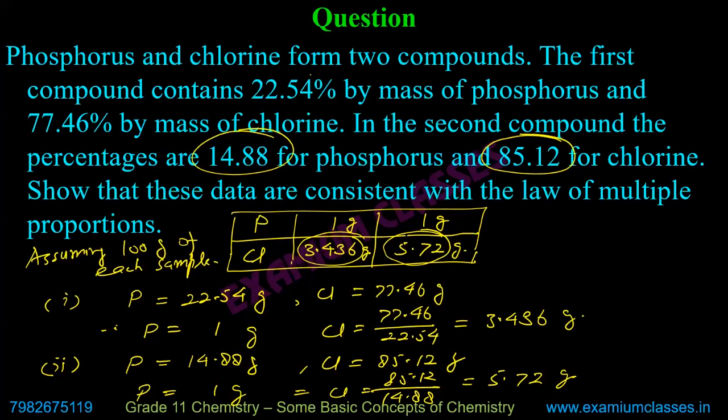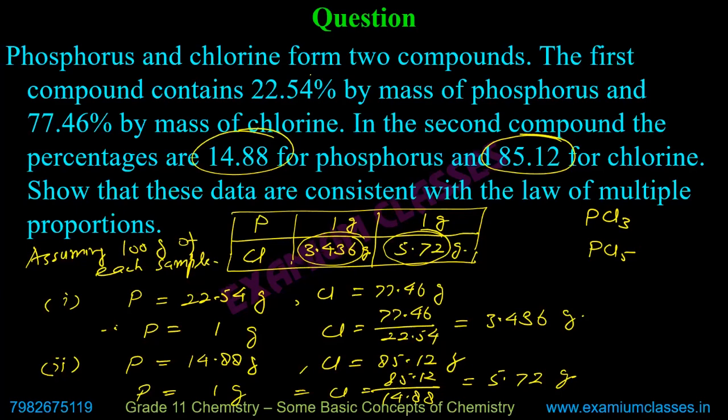Now remember, you need to get some hint from here. Phosphorus and chlorine combine like PCl3 and PCl5. This is something you should already know. It will help you to find the simplest ratio. So logically, it should be 3:5.